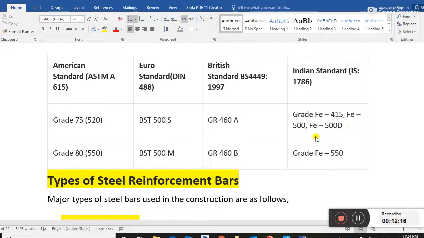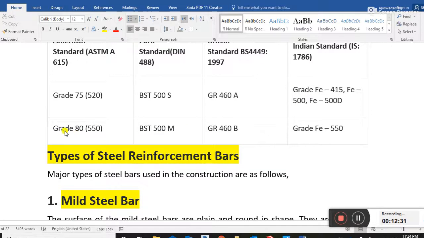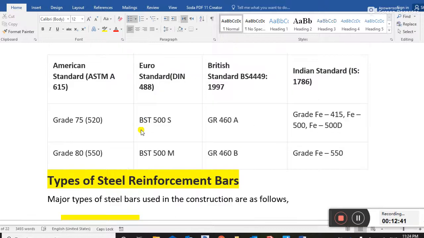This comes under FE 415 or FE 500. Guys, remember, for American standard grade 75 in the standard metric unit it is 520. Guys, grade 80 in inch and pound, and in metric unit it is 550.